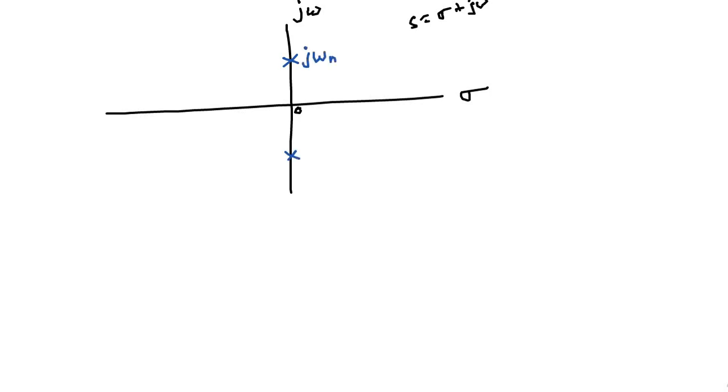You have another root at minus j omega n. So for a second order control system, if you find two roots on the imaginary axis, where one root is the negative of the other root, then the system is called an undamped system. Why this is called an undamped system, we will see later. It is going to produce oscillations. Later we will see about the particular nature.